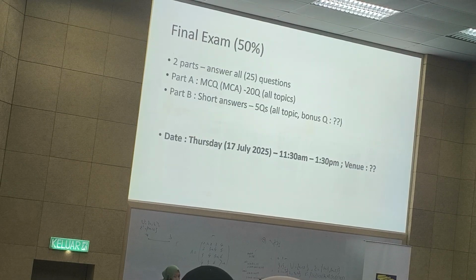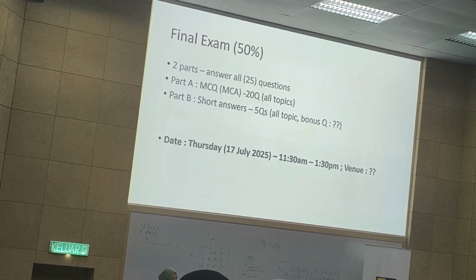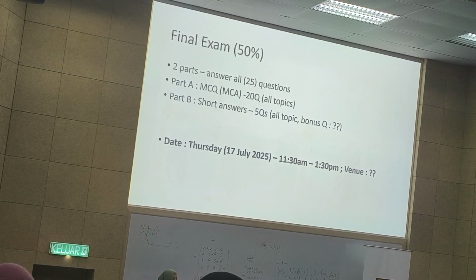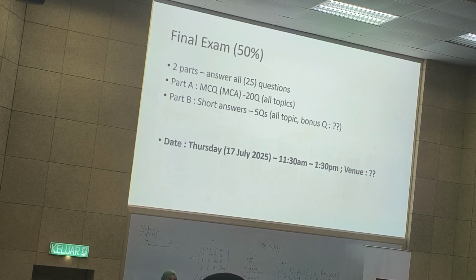Then we come to what's going to be included in the final exam. Basically, the things that I have covered just now, not 100%. Again, some of them are missing, but the scope of the content that you have to cover more or less needs to be those. So the final exam will cover 50%, and you have two parts. You have to answer all questions.